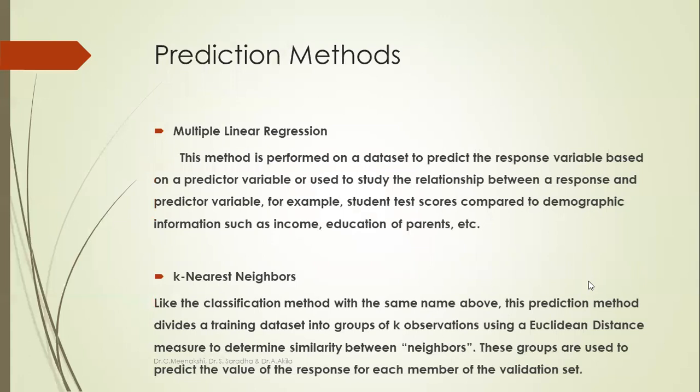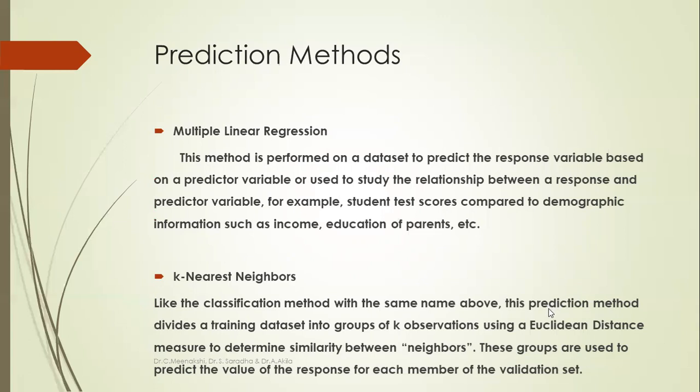The first one is multiple linear regression. This method is performed on the data set to predict the response variable based on the predictor variables, or to study the relationship between a response and the predictor variables. For example, I have a student's test score compared to demographic information like income and education of parents.